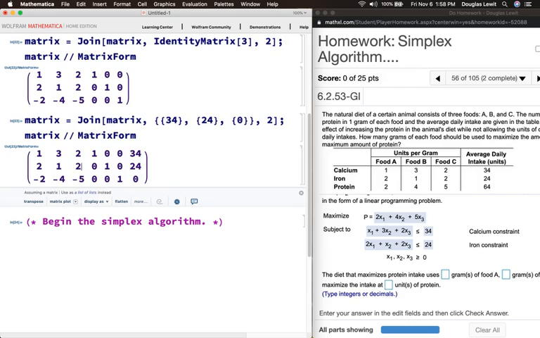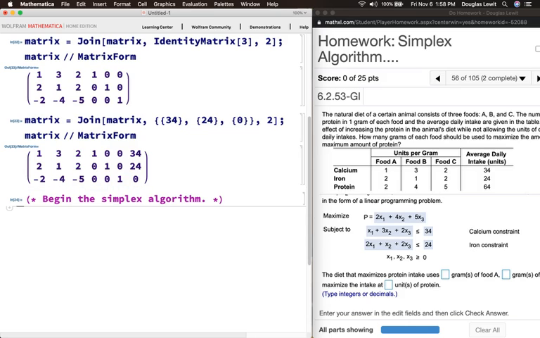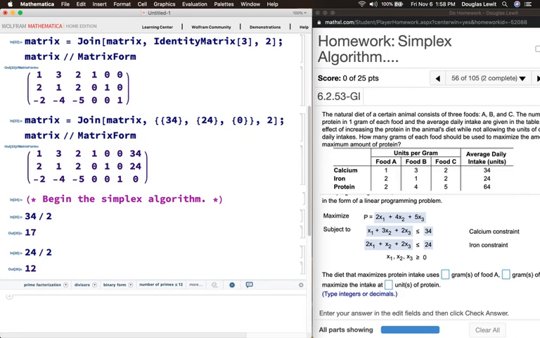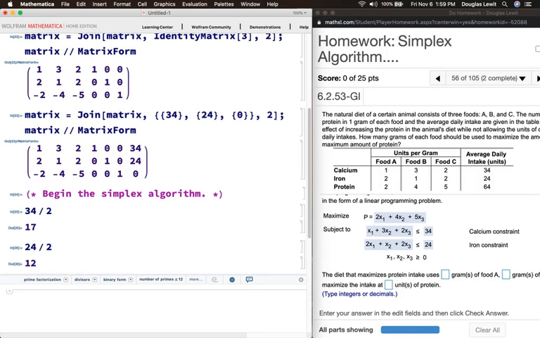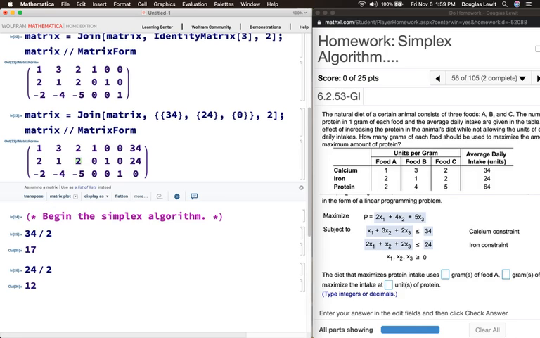And I look at these values right over here, the 2 and the 2. 34 divided by 2 is equal to 17, and 24 divided by 2 is 12. Which one is smaller? 12 is smaller than 17. So that means I have to pivot right over here.